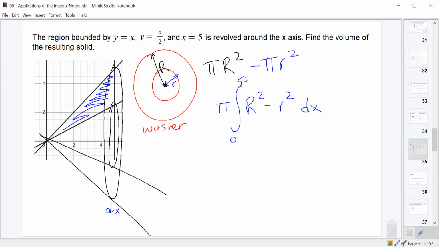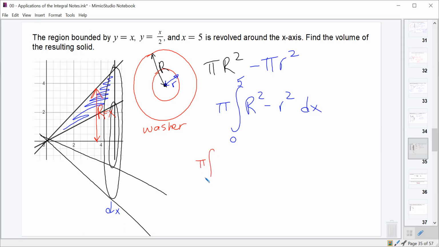Well, big R extends from the function on top, the upper bound of our region, all the way down to the x-axis. Big R then is just x, because that's that function, y equals x.